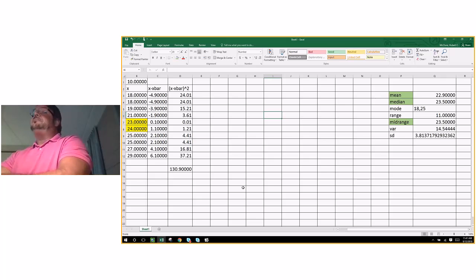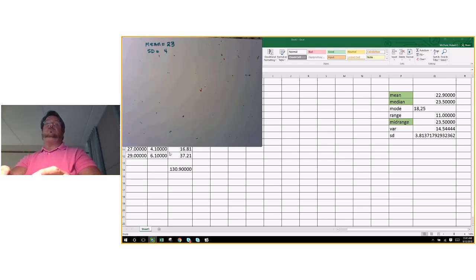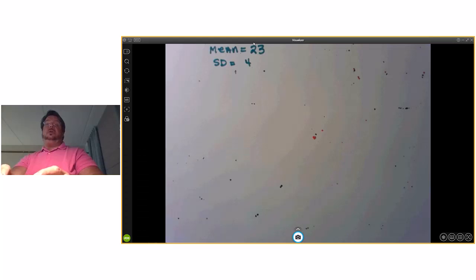So I'm going to say the mean is equal to 23, and the standard deviation is equal to 4. Now, what does that mean? Well, I think we did go over this. I'm going to take my handy dandy camera. There we go. And there's my mean and my standard deviation.